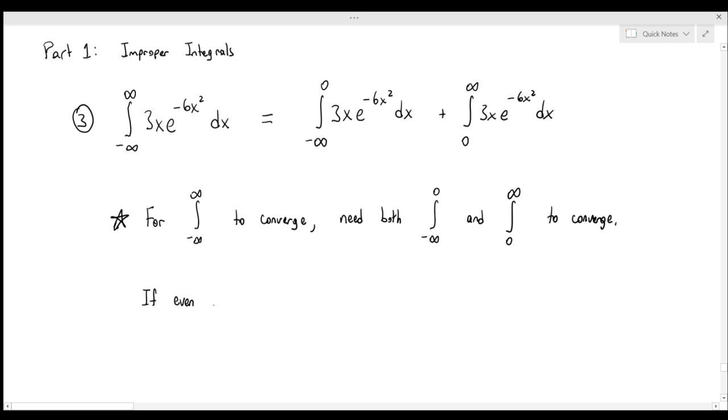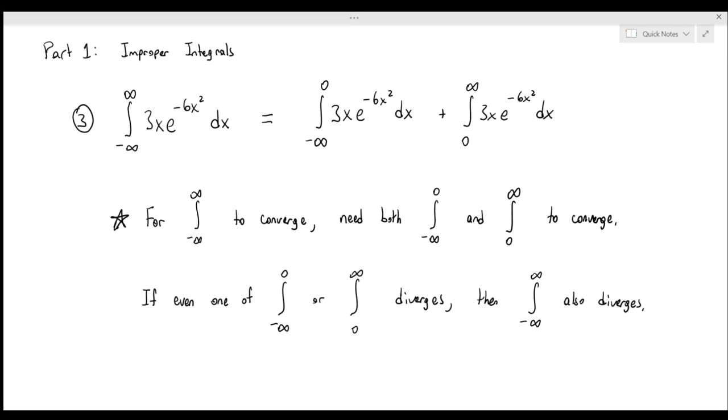So if even one of these improper integrals diverges, the improper integral from minus infinity to infinity also diverges, okay? So these are just some rules that are good to know for improper integrals from minus infinity to infinity.